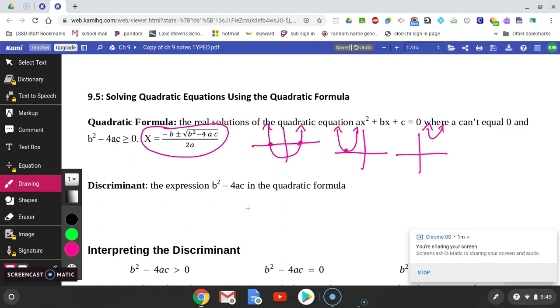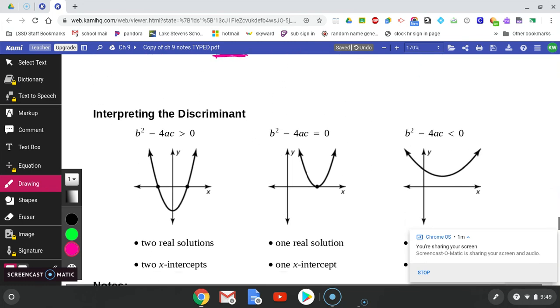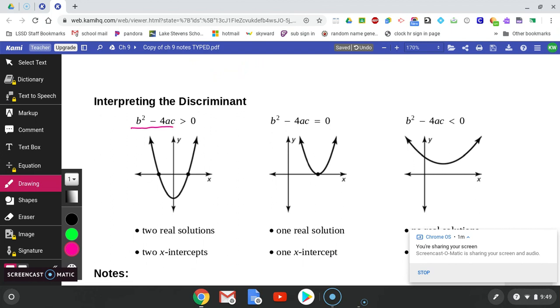So the discriminant is a fancy word for this part of the quadratic equation, and it's the part that's underneath your square root. So we'll use just the part that's underneath the square root to determine how many solutions there are. The whole equation then helps us actually find what those two solutions are. All right, so if the part underneath your square root, so b squared minus 4ac, gives you a positive number, so it's bigger than 0, there are going to be two solutions, which means it crosses your graph x-axis in two places.